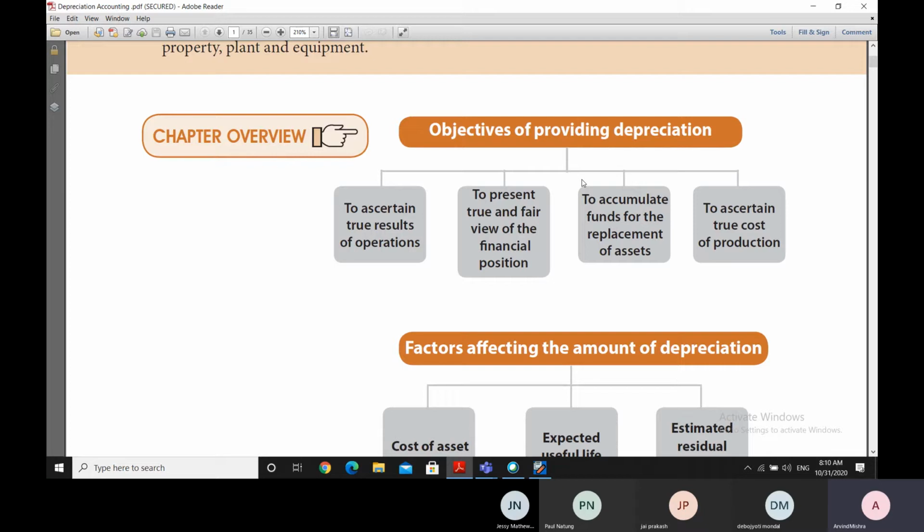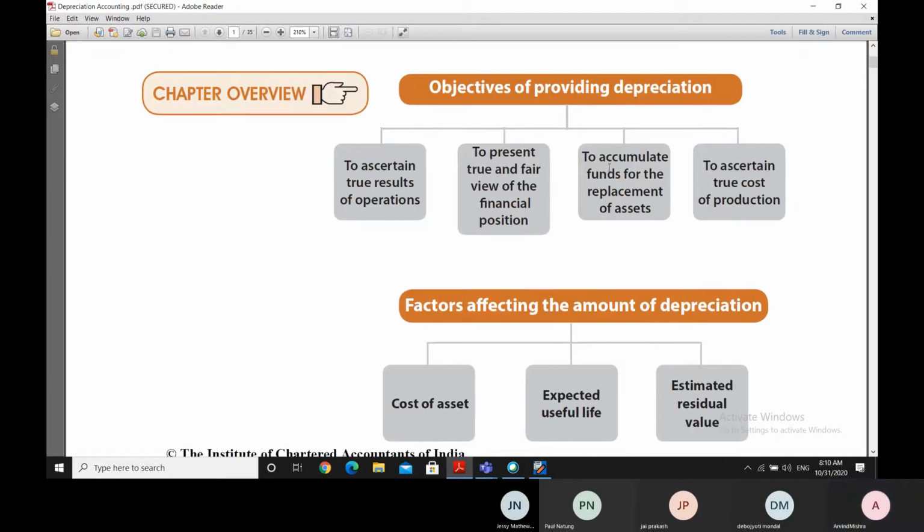And of course, depreciation is provided to ascertain the correct cost of production also. Otherwise, if we get a wrong idea about our cost of production, having not applied depreciation, we may think that our cost of production is very less. Therefore, it will not give a true picture of the cost that we are incurring on production. So there are three types of true pictures. One is the results of the operations.